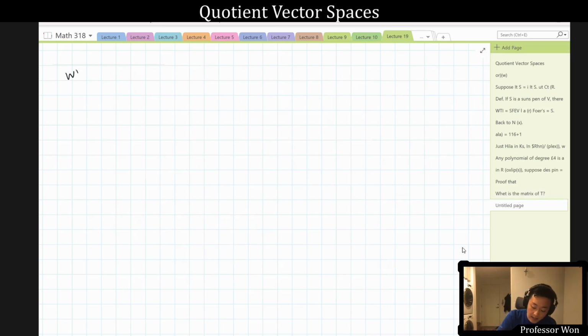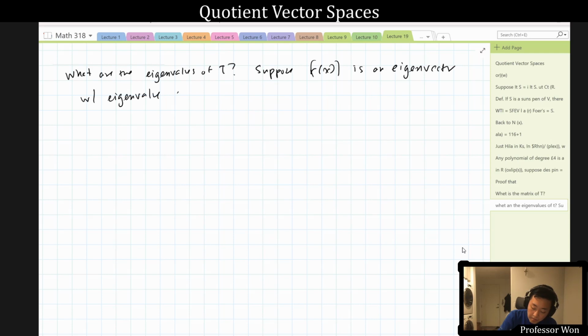So what are the eigenvalues of T? Okay, so suppose that R adjoint x is an eigenvector with eigenvalue lambda. Right? That means that T of the equivalence class of R is equal to lambda times the equivalence class of R. What does that say?